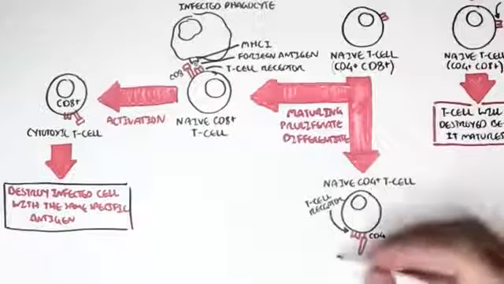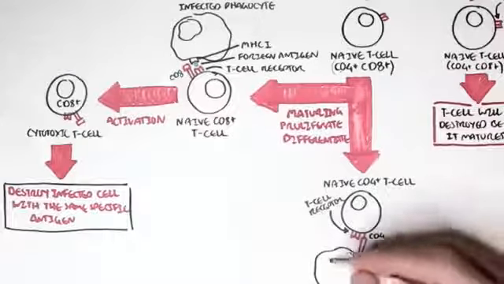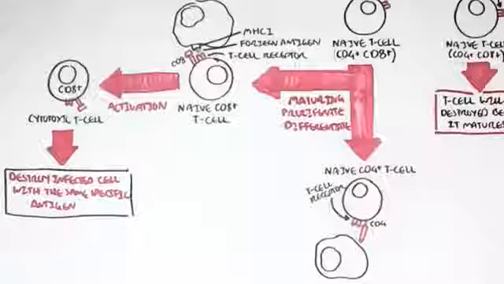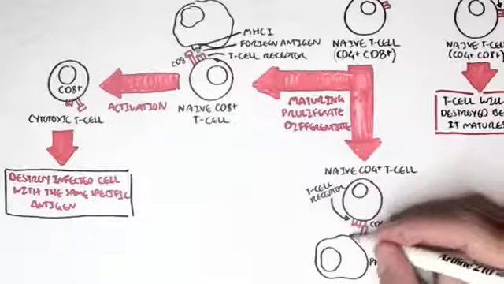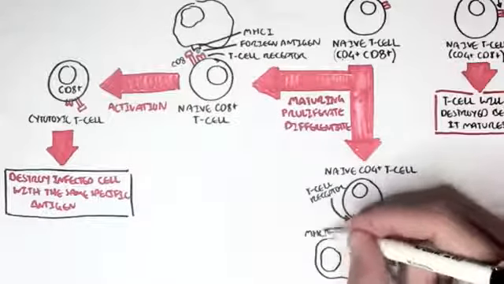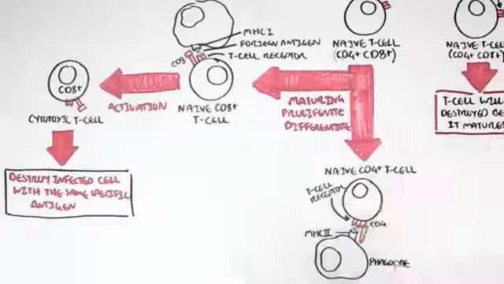A naive CD4 T cell will become activated when a non-infected antigen presenting cell, such as this phagocyte, presents a foreign antigen on an MHC class 2, a major histocompatibility complex class 2.